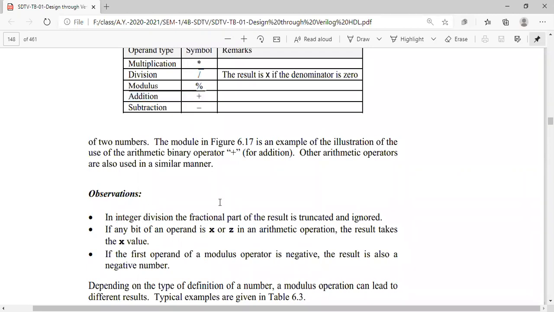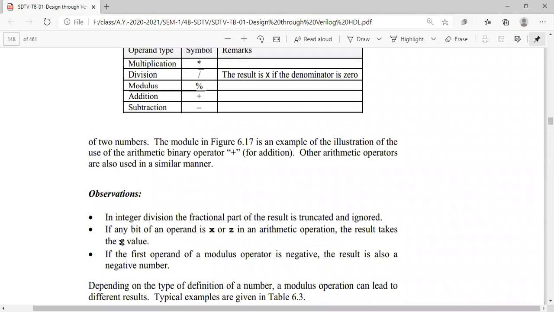If you have operand A and operand B, and you find X or Z anywhere in the bits of A or B, your result will take a value of X. In the output at that particular bit, its value will be X. Not only that, if any bit of an operand is X or Z, in the arithmetic operation the result takes an X value.